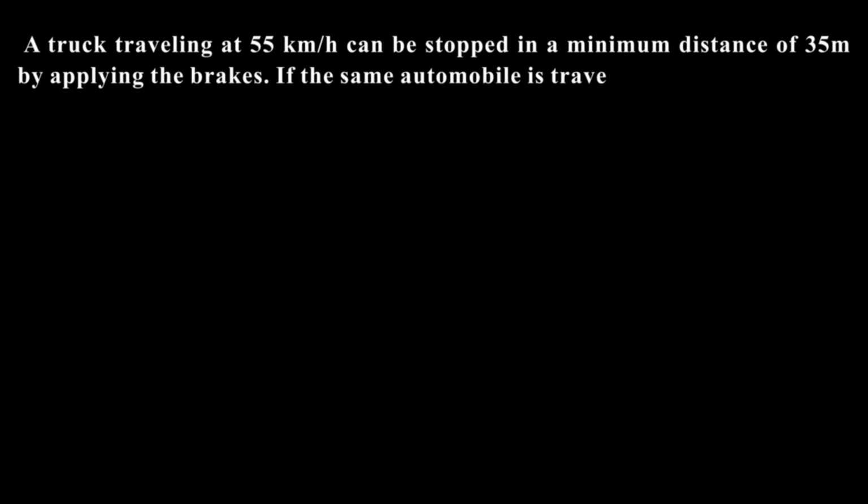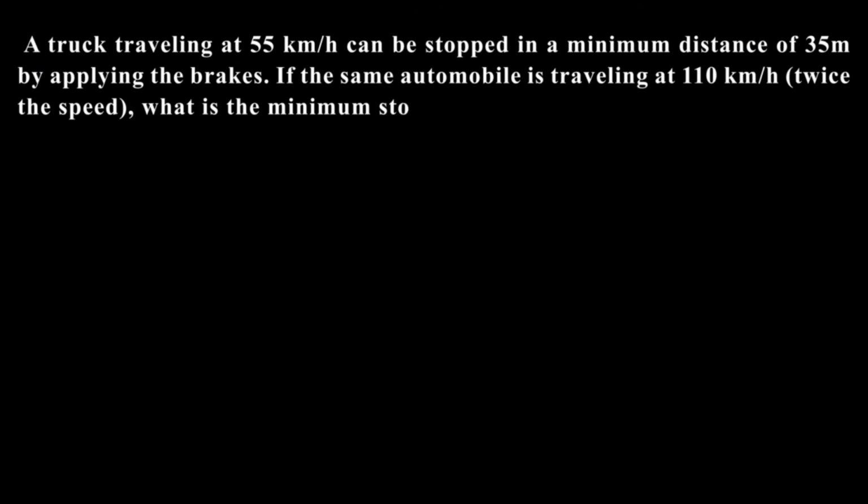Okay, so once we are given this kind of a problem, what we need to do is to know what we are given and what to find. We are given two different velocities, and we are to find the distance.